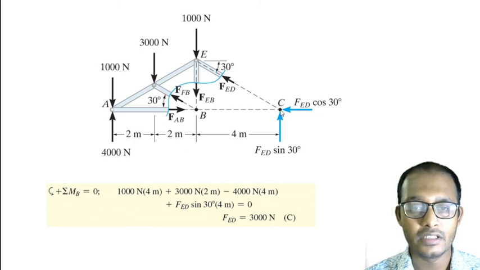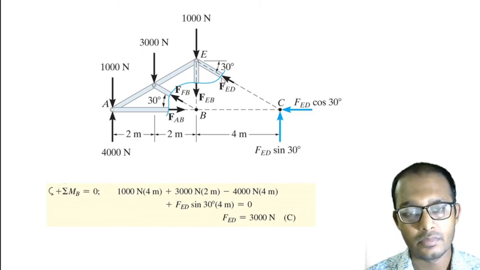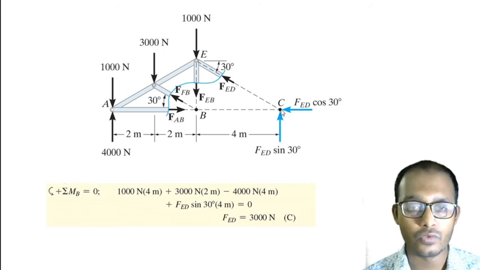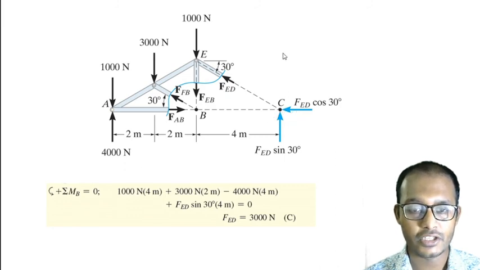For FED, as we have considered this is compression, we need to consider the components of that force. One force will be in the x direction, the other force in the y direction. The x direction force passes through point B, so it will be 0.